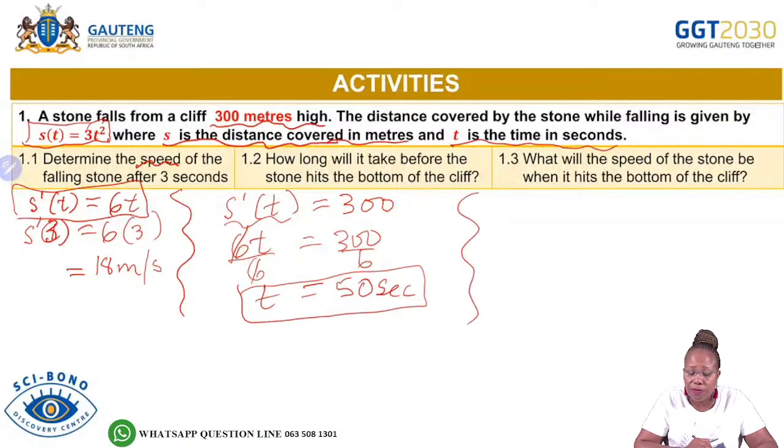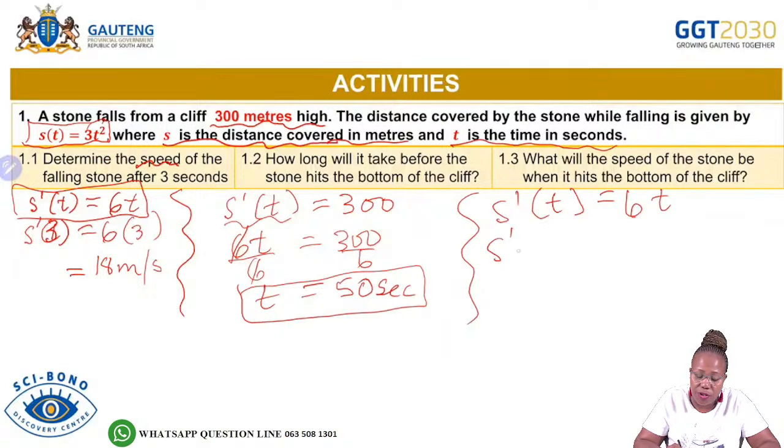What will the speed of the stone be when it hits the bottom of the cliff? Now, we want the actual speed of this after the seconds that we have identified. Then now we take the speed again, which is 6t. And then now this will hit the ground after 50 seconds.